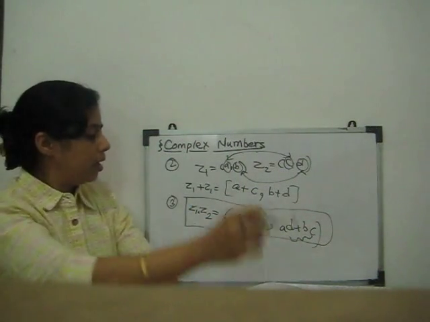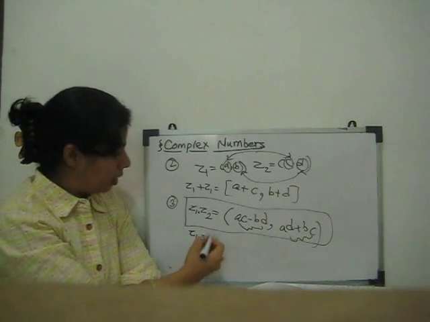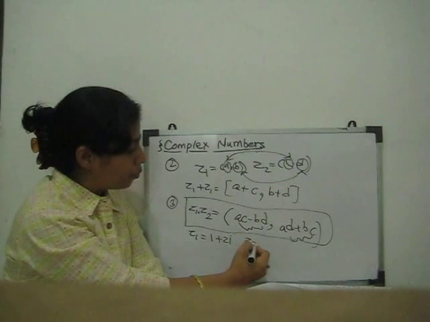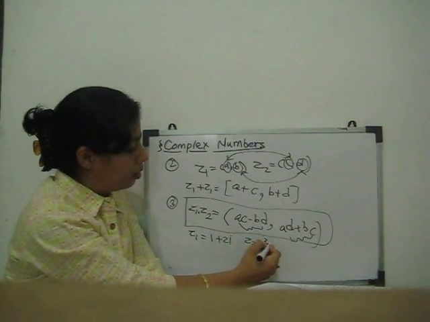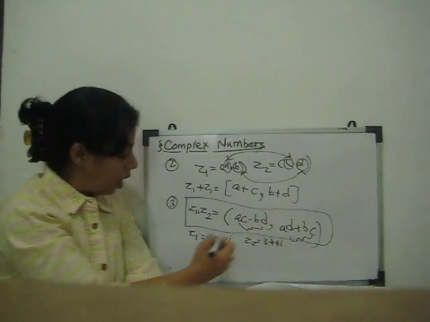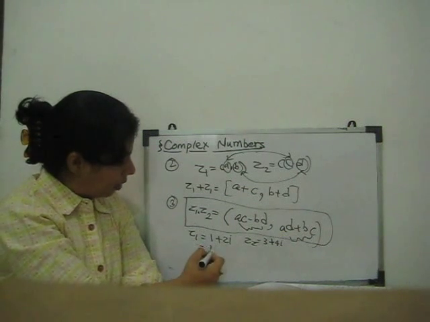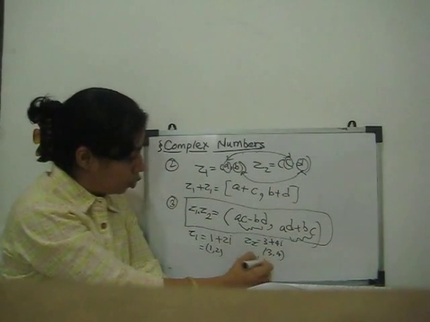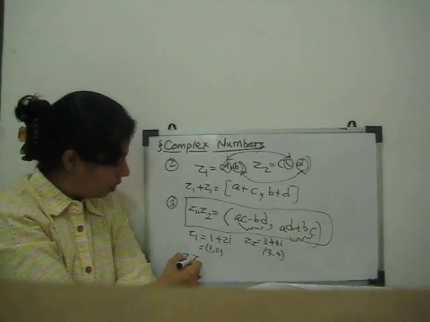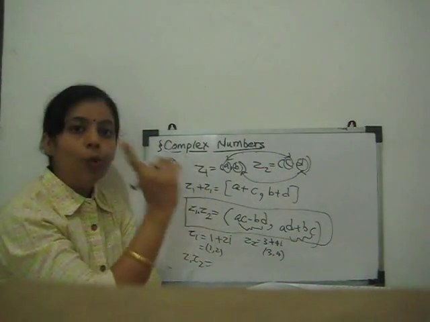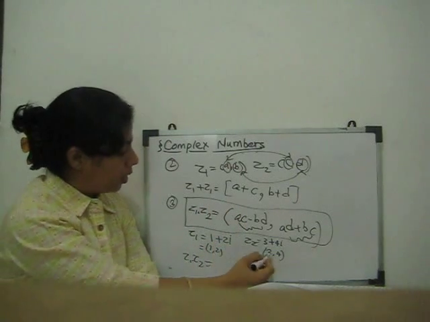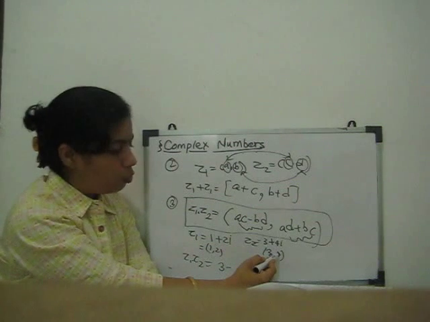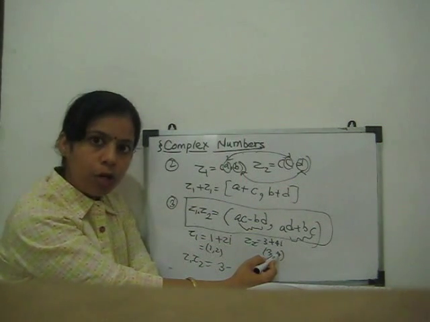For example, if I have z1 equal to 1 plus 2 iota and z2 equal to 3 plus 4 iota, I can say 1 comma 2 and this is 3 comma 4. So what is the multiplication of z1 and z2? It is a into c: 1 into 3 is 3, minus 2 into 4, which is 8.